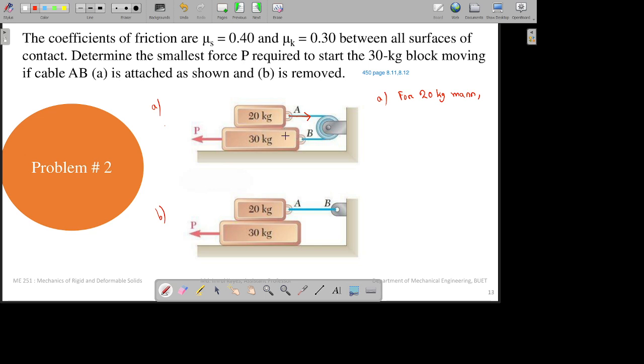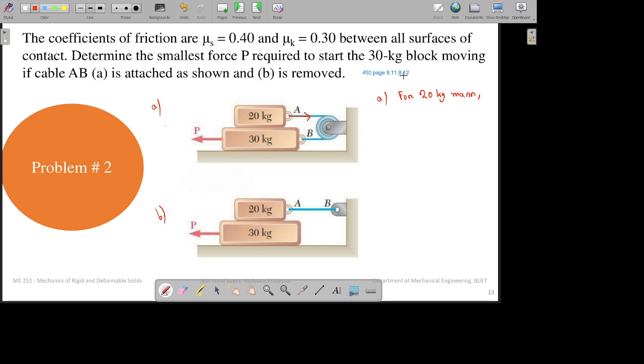And you can see, determine the smallest force P required to start the 30 kg block moving. That means the motion is just impending. It is not moving yet. The motion will just impend.